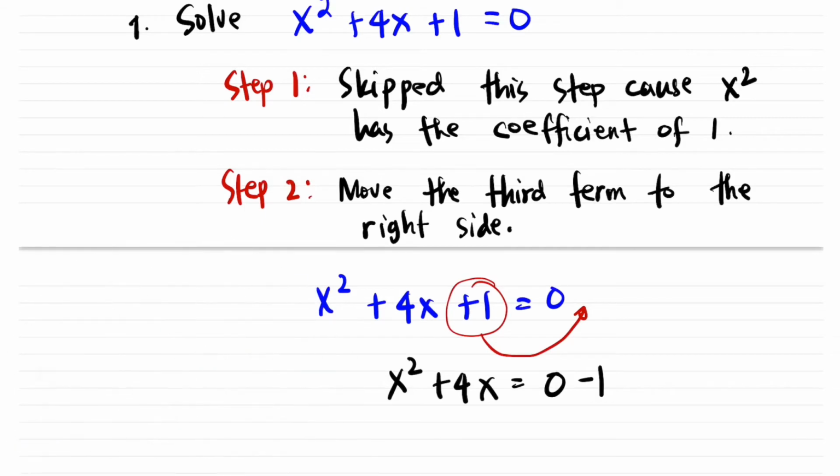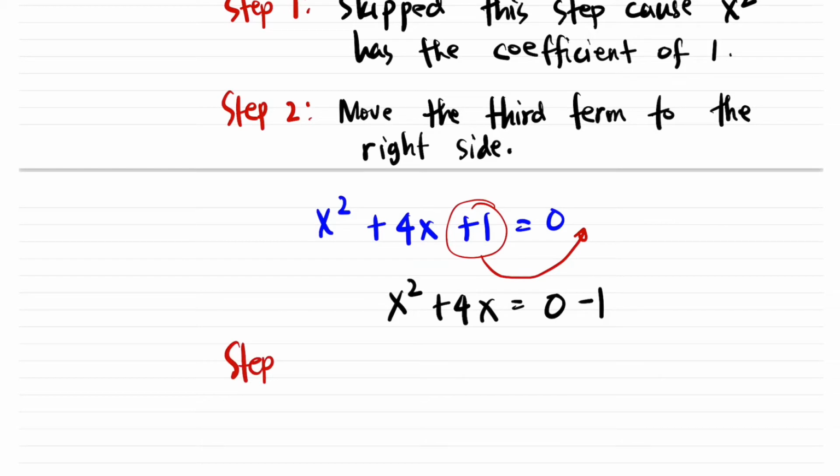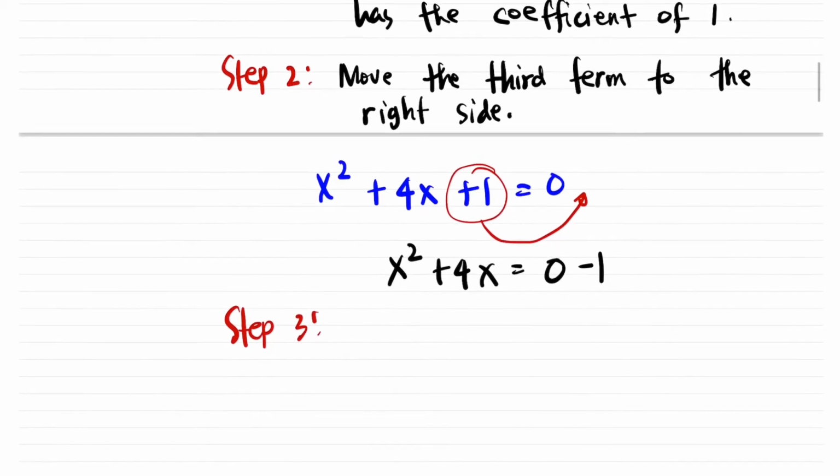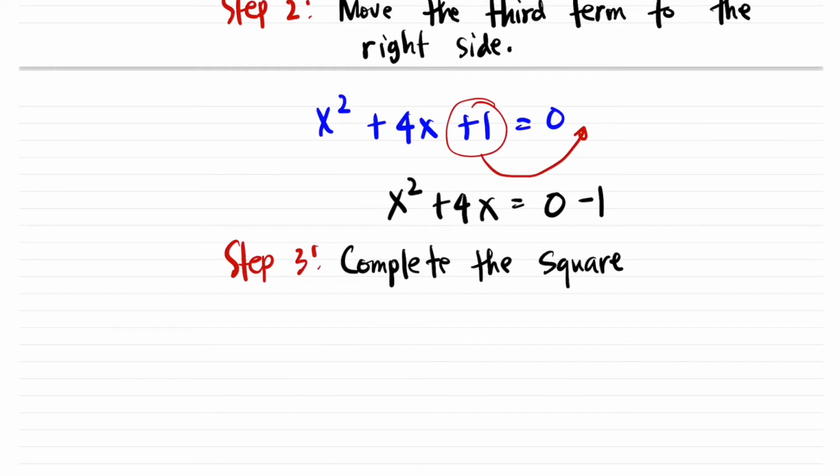Okay, next we proceed to step 3. Alright, complete the square, to the right side and to the left side. So how do we complete the square? For example, now we have the new equation, which is x squared plus 4x is equal to negative 1.